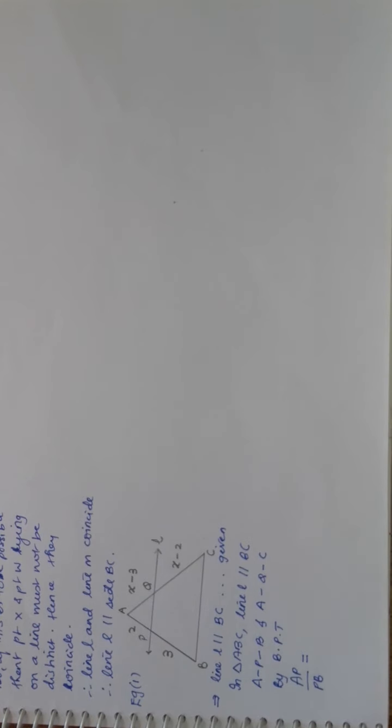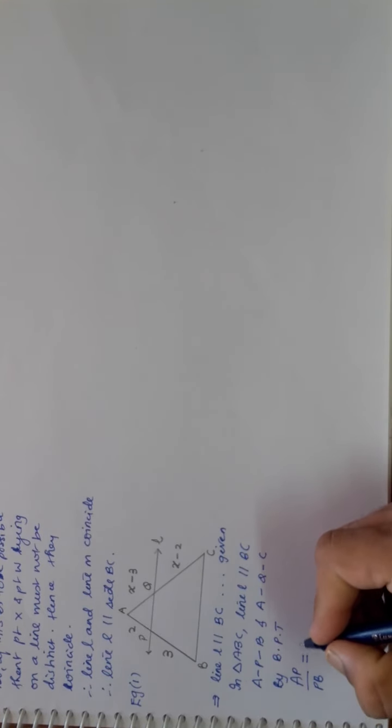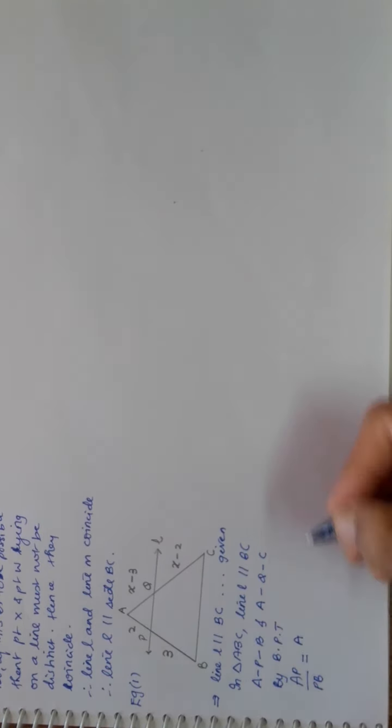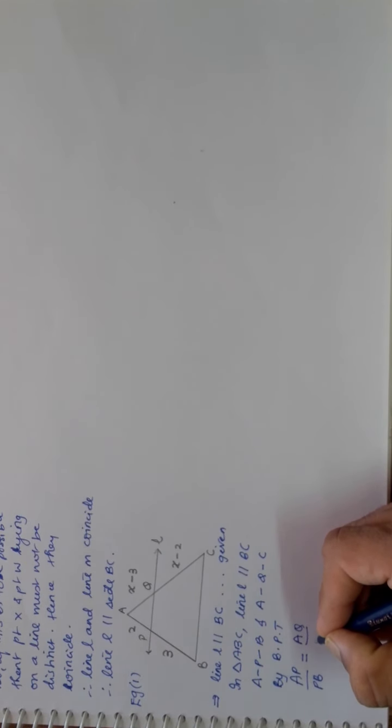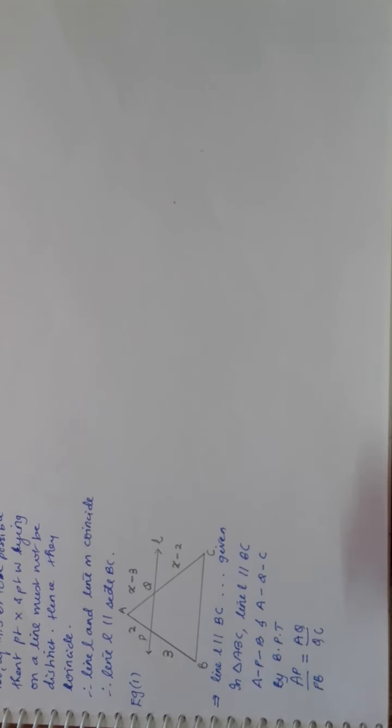The vertex is A, so you will start from A only and then go further, that is AQ is to QC. So when I write it, what I get, AP is given to me as 2 and PB is given to me as 3. Then AQ is given as x minus 3 and QC is given as x minus 2.